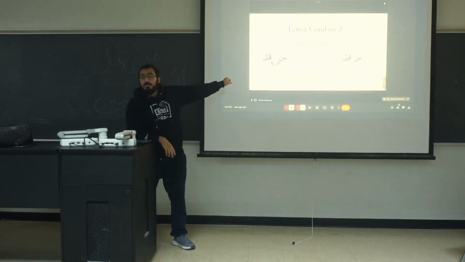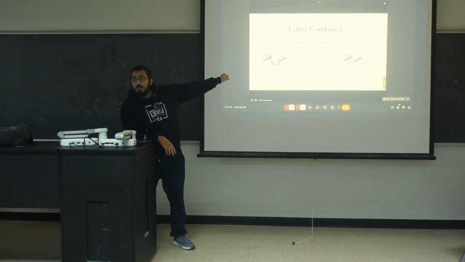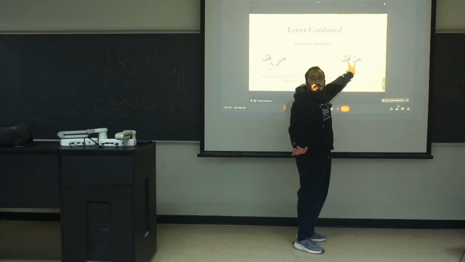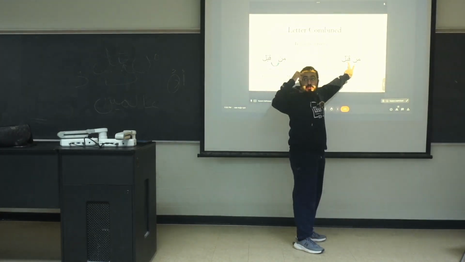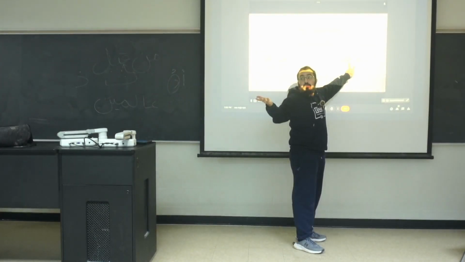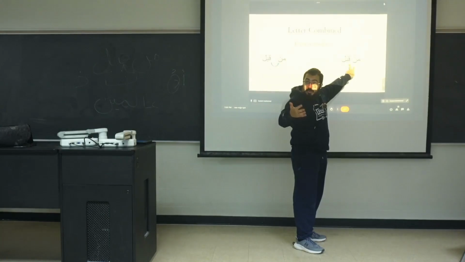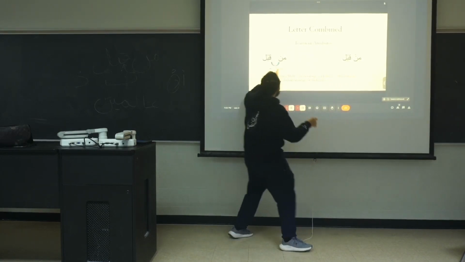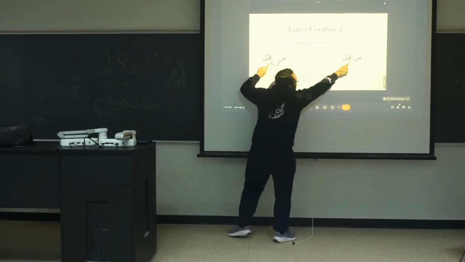And then we talked about the transient attributes. Okay? So the example is min qabl. I'm going to recite it as if I don't have tajweed in my head. Like when we speak normally, in Arabic we say ra'aytuhu min qabl. I'll never say that when I'm doing tajweed, and notice I didn't put the sukoon here.